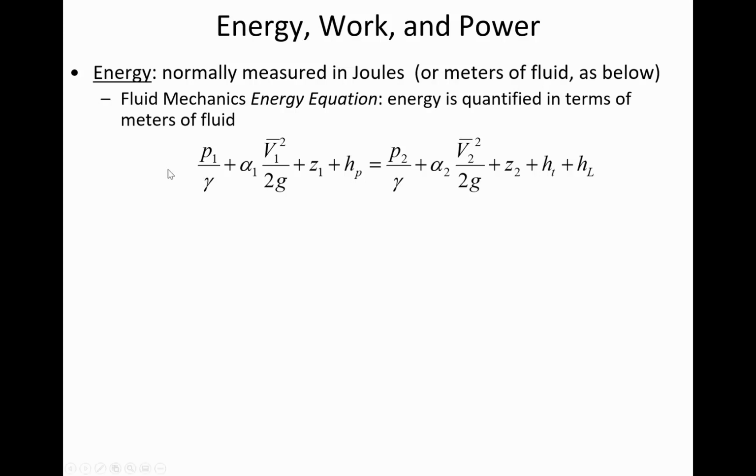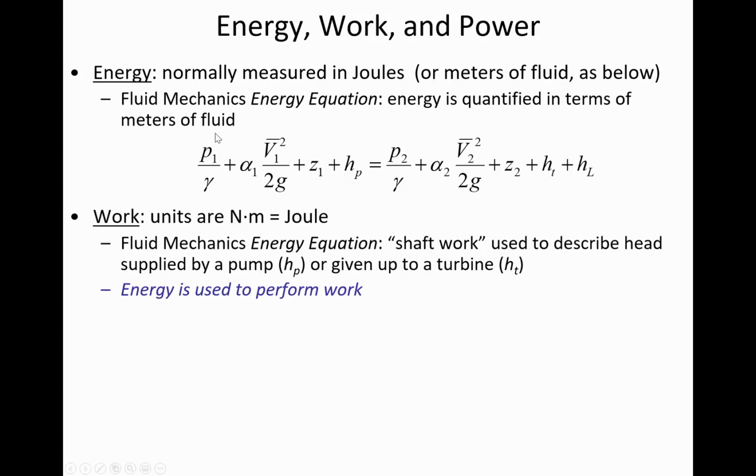Okay, so energy, work, and power, sometimes those terms are used interchangeably, but what we've been talking about so far here in the energy equation, energy would be measured in joules, or in the energy equation, each of the terms is set up so that they would have units of meters. And work is also measured in joules, but we think of the difference between work and energy as that energy is used to perform work.